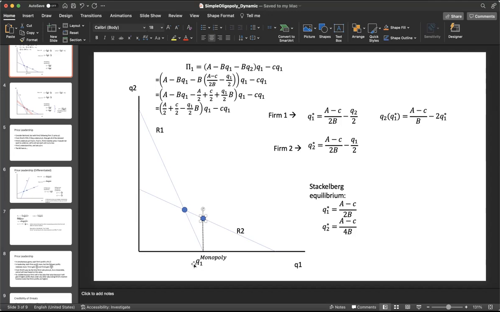The leader, for sure, its profits go up relative to the old equilibrium. But depending on whether it's price competition or quantity competition, the profits for the follower, it depends. It also depends what happens on the relative profits of the follower versus the leader.